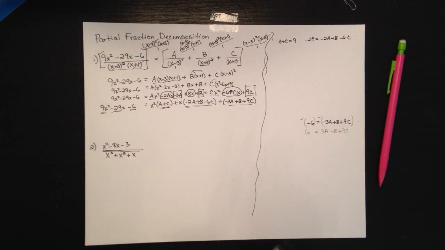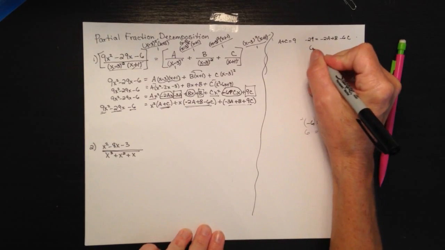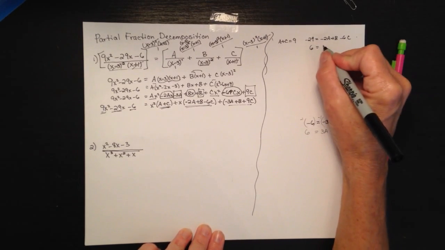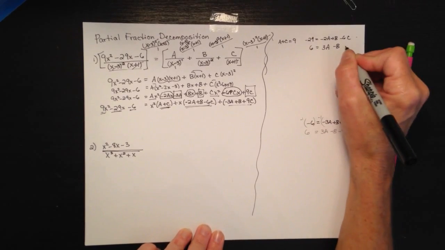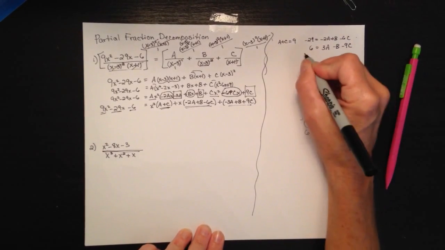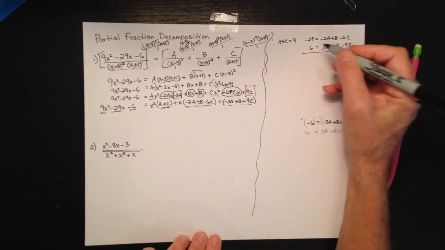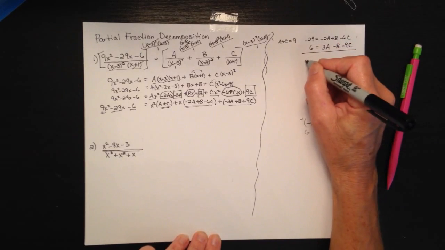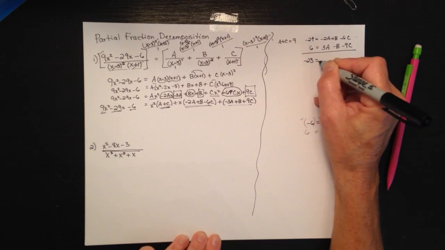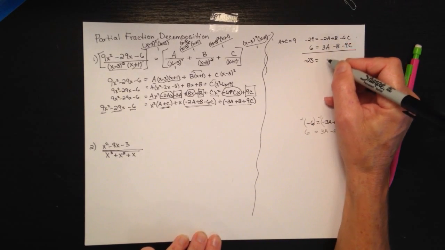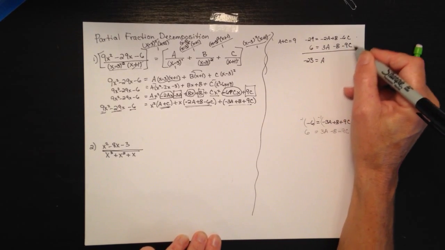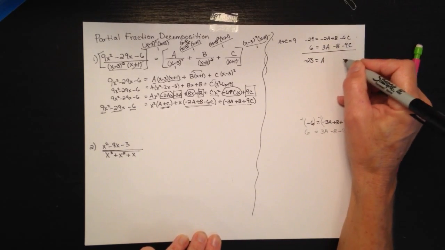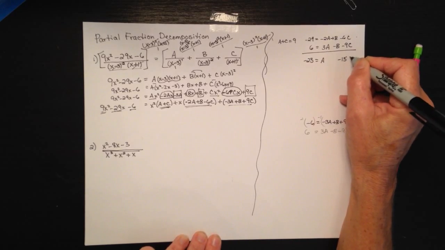Let's add these together. Negative 29 plus 6 is negative 23. Negative 2a plus 3a is 1a. b minus b is 0. Negative 6 plus negative 9 is negative 15c.